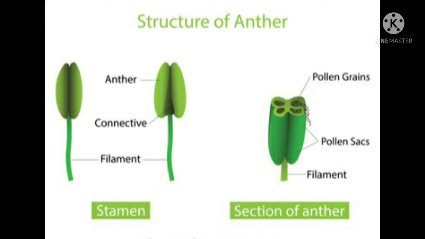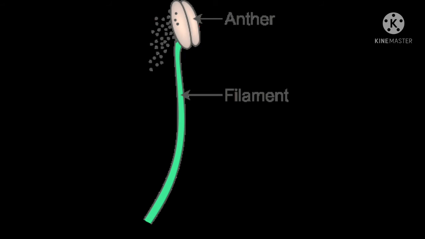Pollen grains are powdery or dusty type material in the pollen sacs which take part in the further process of reproduction. As in this picture you can see dusty powders which were in the anther sac or in the chambers of the anthers. They are spread out when the anther is matured.